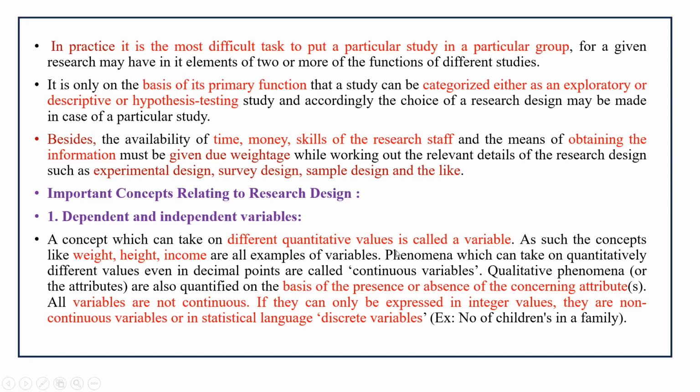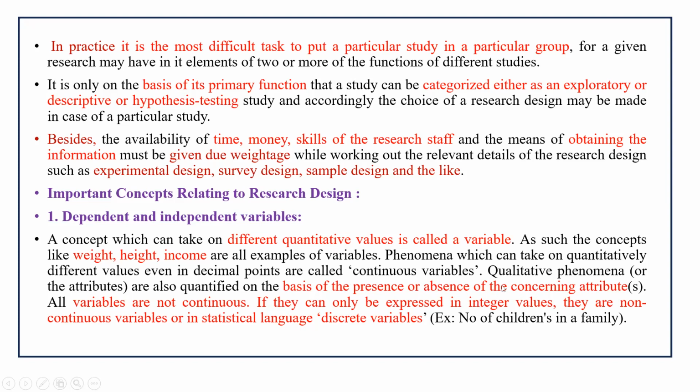Height increases, suppose this week it is 4, next month it is 4.2. You must be able to count those decimals too. Whenever you are counting those decimals, they are called continuous variables.